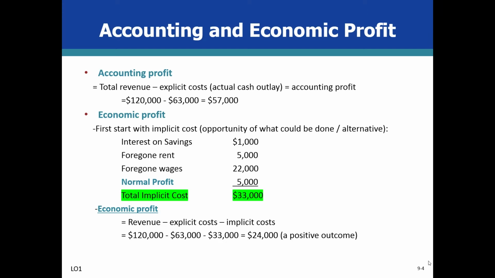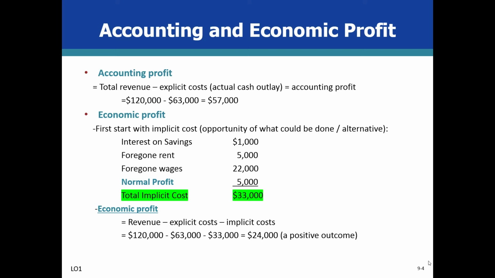The owner of the firm could work on another venture at a salary of $22,000. Finally, let's also assume that a normal profit she could make as an entrepreneur organizing a different business is $5,000. Total implicit or opportunity cost is $33,000.